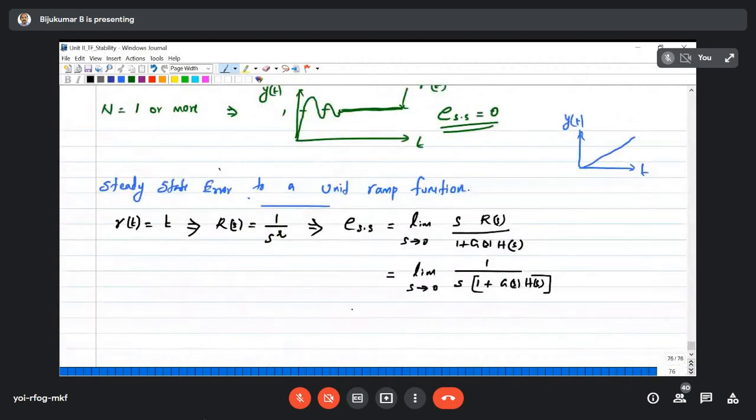So this can again be written as limit s tends to 0, 1 divided by s plus s multiplied by g of s h of s. This can again be written as limit s tends to 0, 1 divided by s g of s h of s.